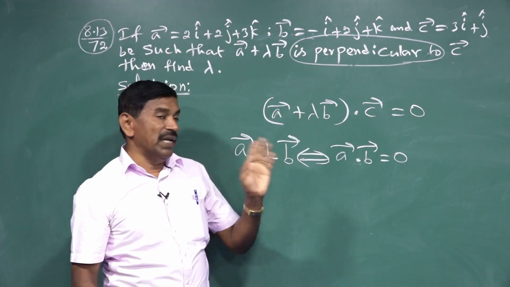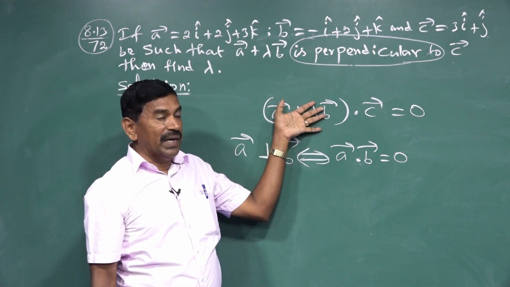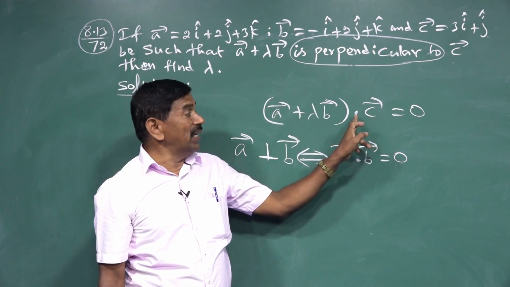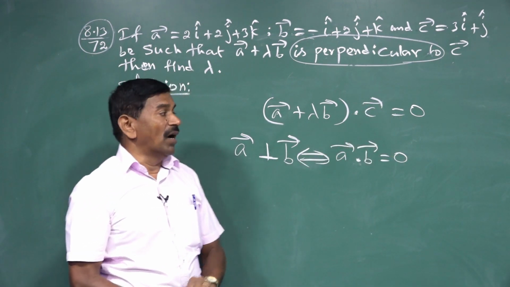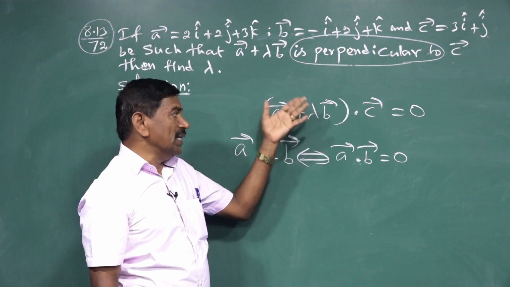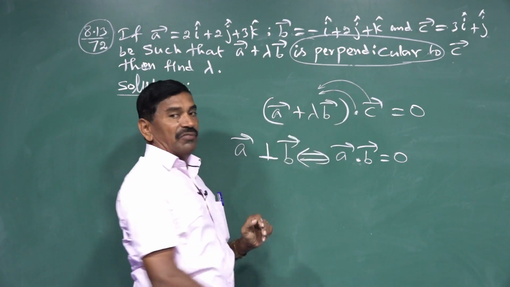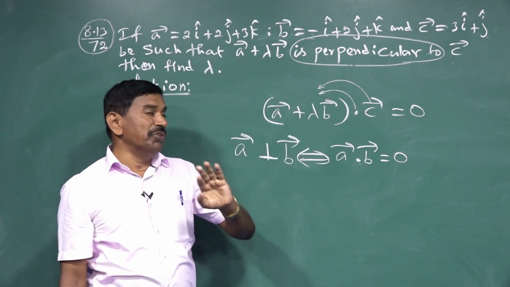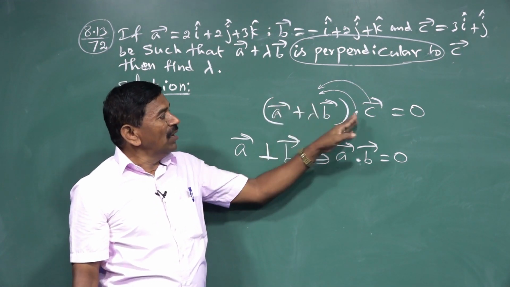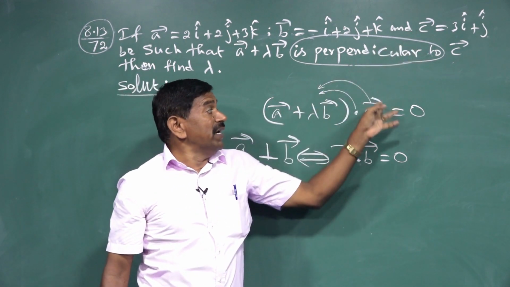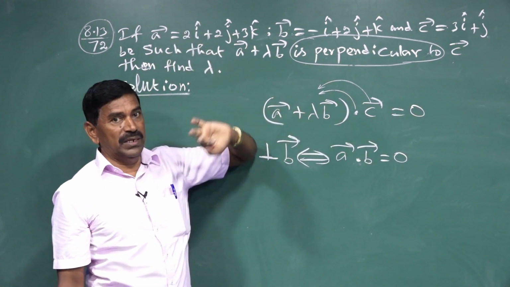Now, there exist two ideas. In the previous sum, first completing the first bracket, then completing the second bracket, then taking dot product, we get the answer. That is one method. And in this question, it is better to multiply the c vector and the dot inside the bracket. One can solve in two ways. First, complete the first bracket, then c vector is already given, c vector as it is, then take dot product, you are going to get the answer, as per the previous example.